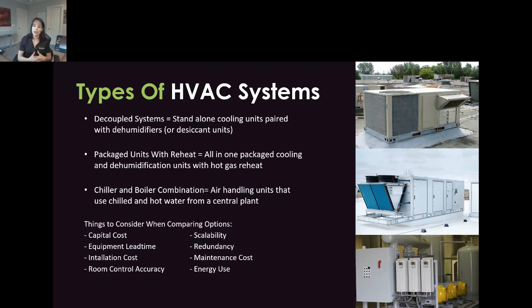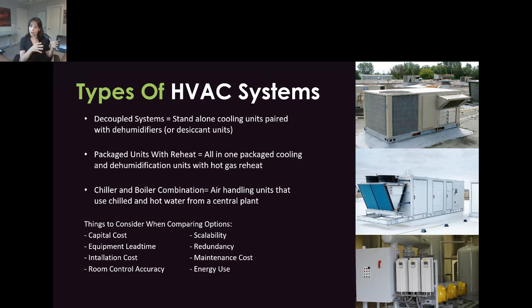Now, at Agronomics IQ, we make packaged units with reheat, or 100% hot gas reheat. But I would be remiss if I didn't explain the 3 different kinds of systems that are available for your facility. First is something that we call decoupled systems. This is your traditional standard packaged HVAC equipment with standalone dehumidifiers.